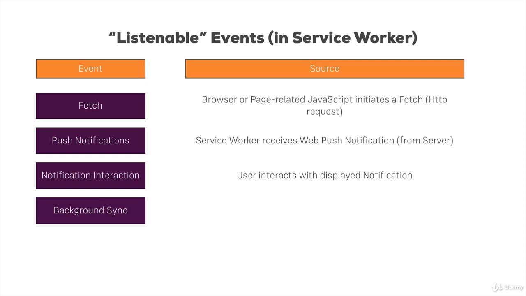Another useful event is background synchronization. Imagine a case where you don't have that good of an internet connection and you send a post. Now, if the internet connection is bad, that will fail.